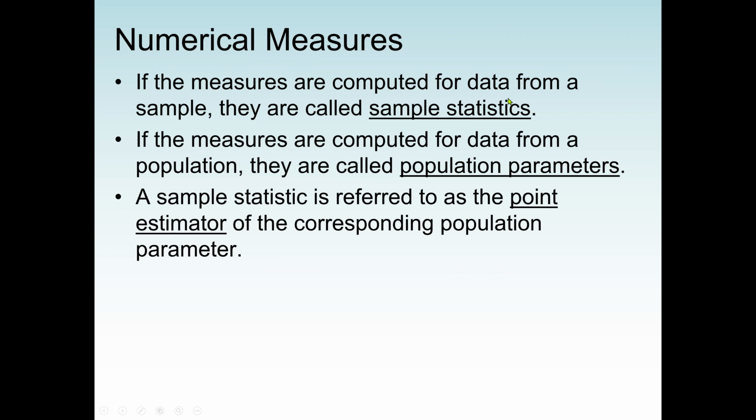So the characteristics of a sample data set are called statistics, and with a population they are called parameters. Also, a sample statistic is normally referred to as the point estimator of a corresponding population parameter.